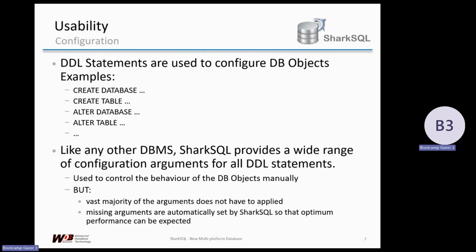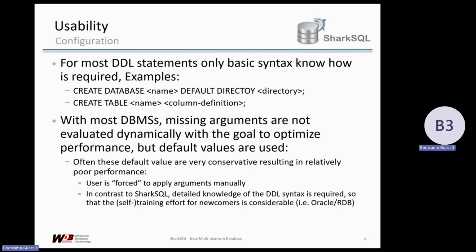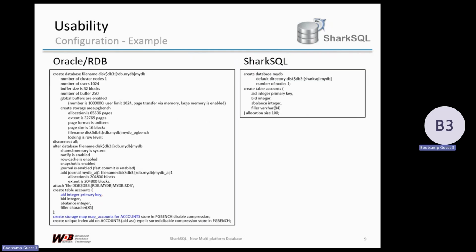You have to do nothing. This is what I said, because it's dynamically evaluated in terms of performance, while in the other databases you are forced to apply attributes if you want reasonable performance. And just to show you, this is an example comparison between Oracle RDB and SharkSQL.